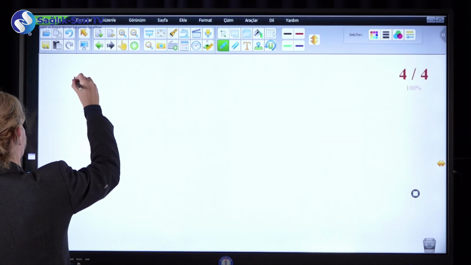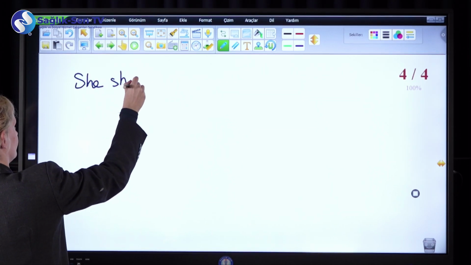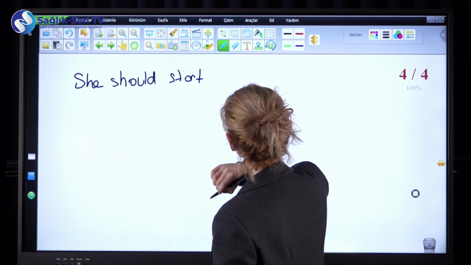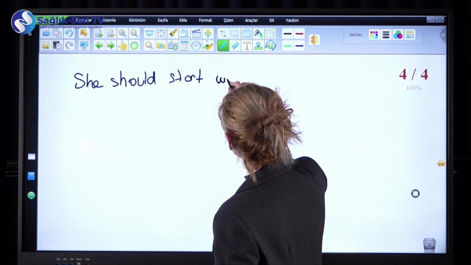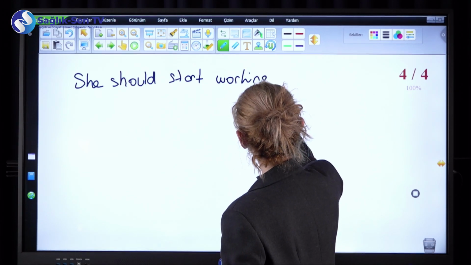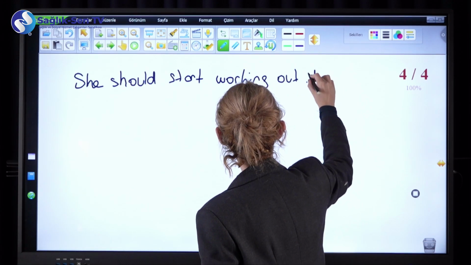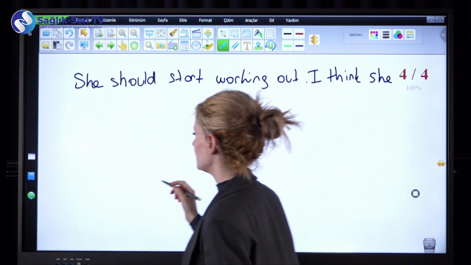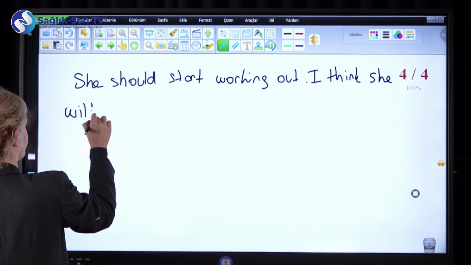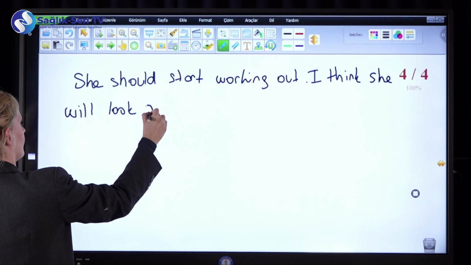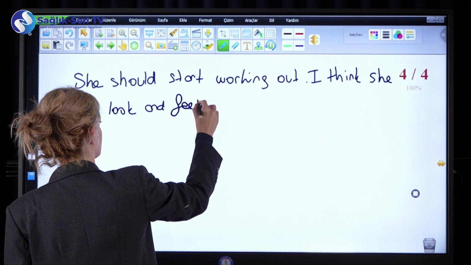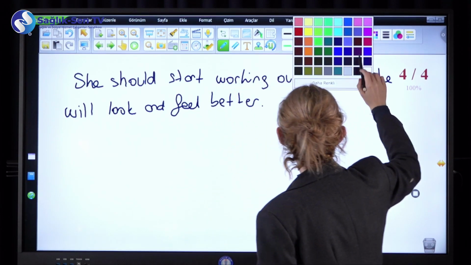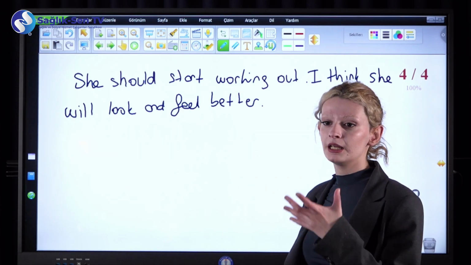Or I can say, she should start working out. I think she will look and feel better. This is, again, my opinion.